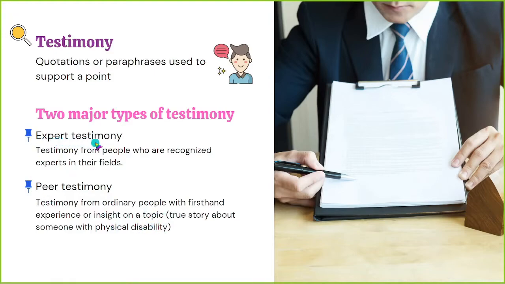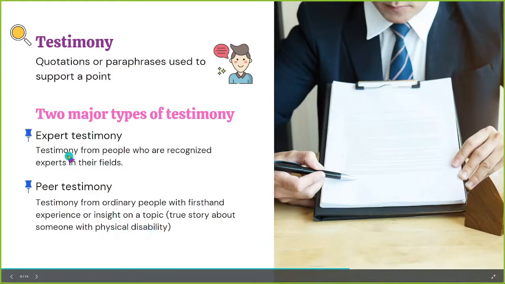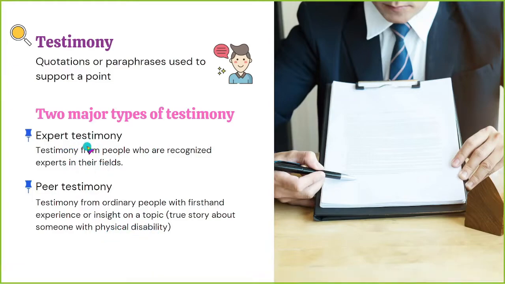As for expert testimony, it comes from people who are recognized as experts in their field. For example, if we're talking about physical disability, you will find people who are role models, researchers, or motivators in terms of physical disability.